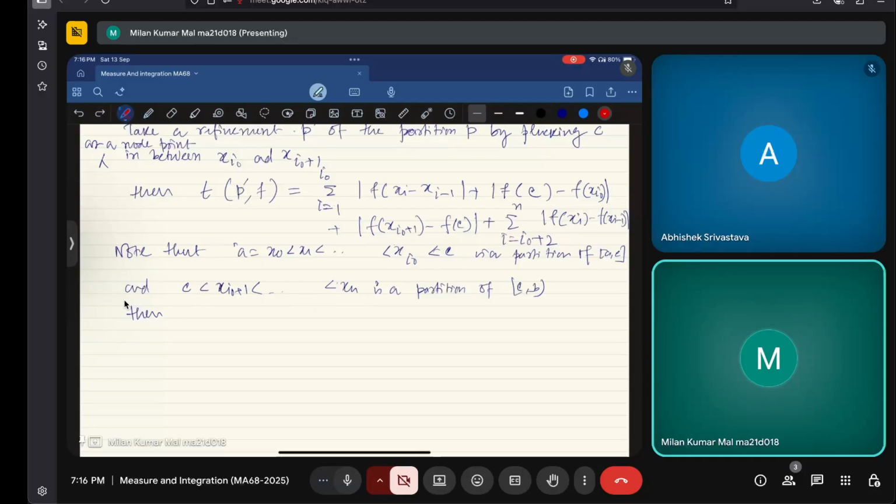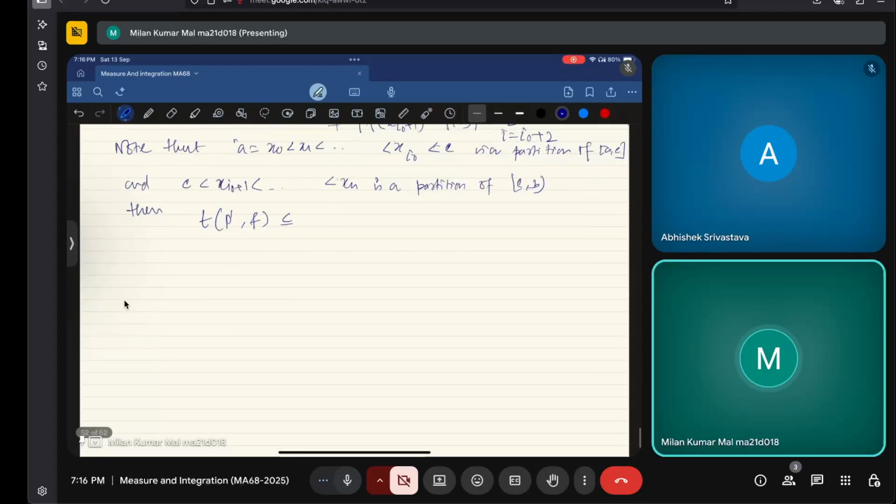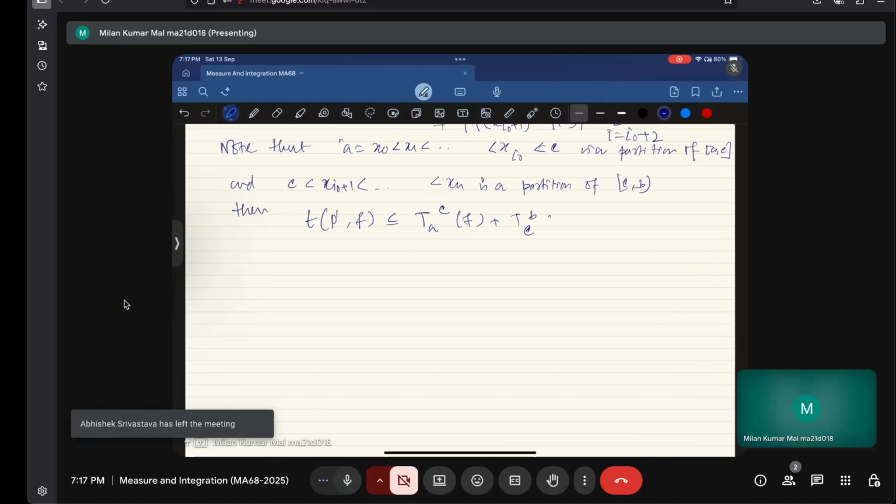So therefore this value T_P'(f) is less than or equal to the total variation of f from a to c plus the total variation from c to b.